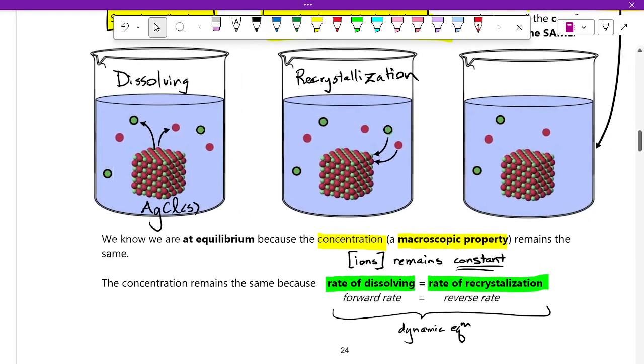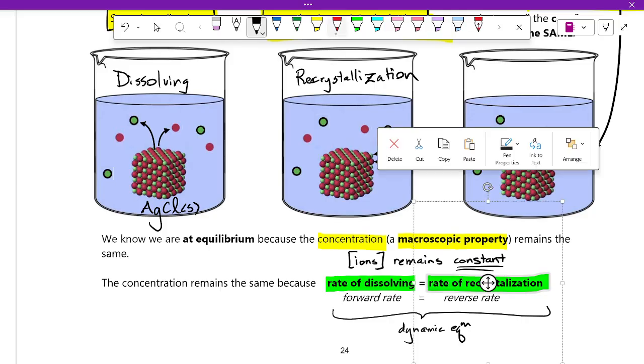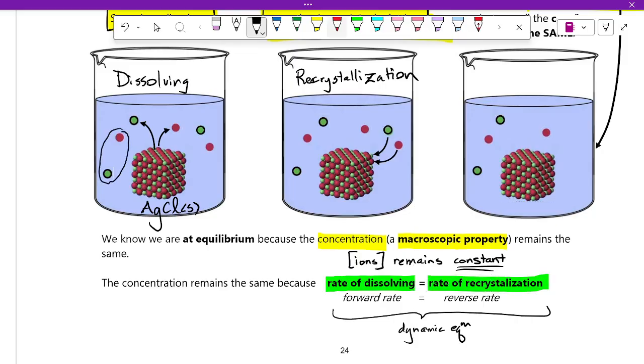So overall, the concentration is remaining the same. We're starting here with our original concentration, yes? Two particles come out, but two particles go back in, so we end up with 4 particles just like we had at the start.